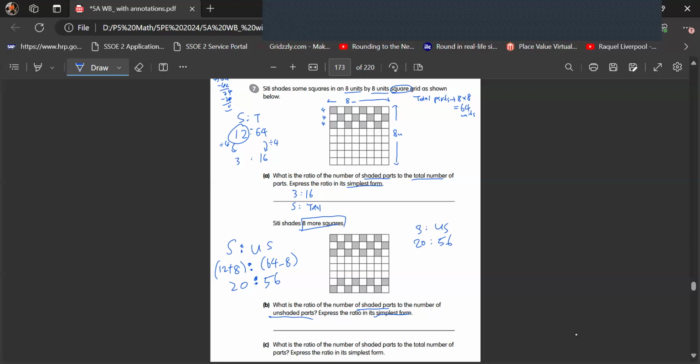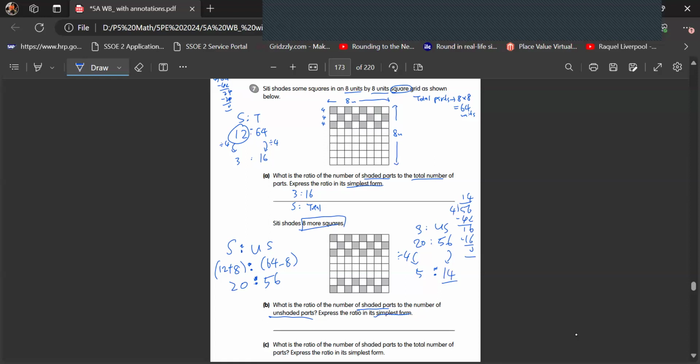Then I try to divide again. Can divide by 8? 20 cannot. Divide by 4, okay, can. Is this doable? Can? Right. 56 divided by 4 is 14.